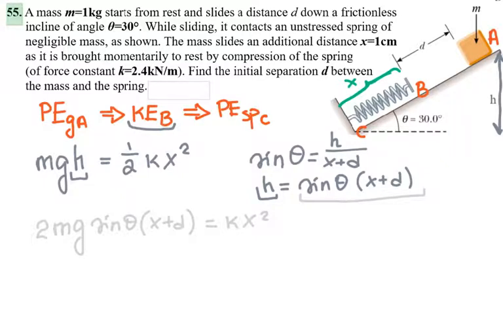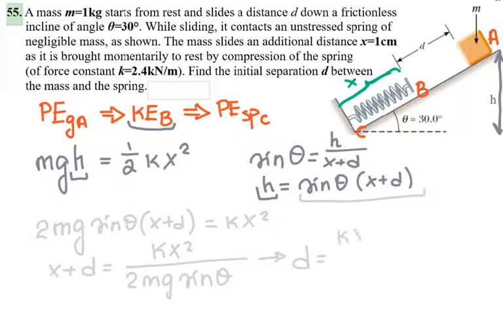If I solve for x plus d, I have x plus d is equal to kx squared divided by 2mg sine theta. From here, the distance d is equal to kx squared over 2mg sine theta minus x.